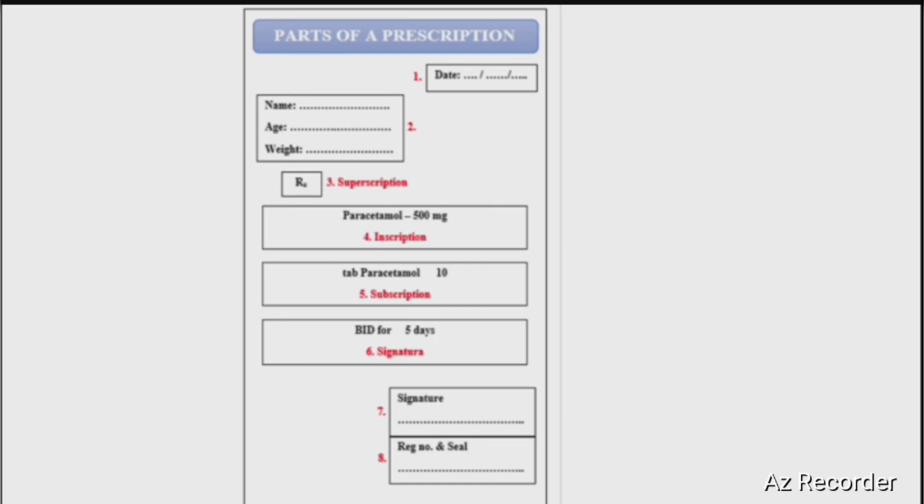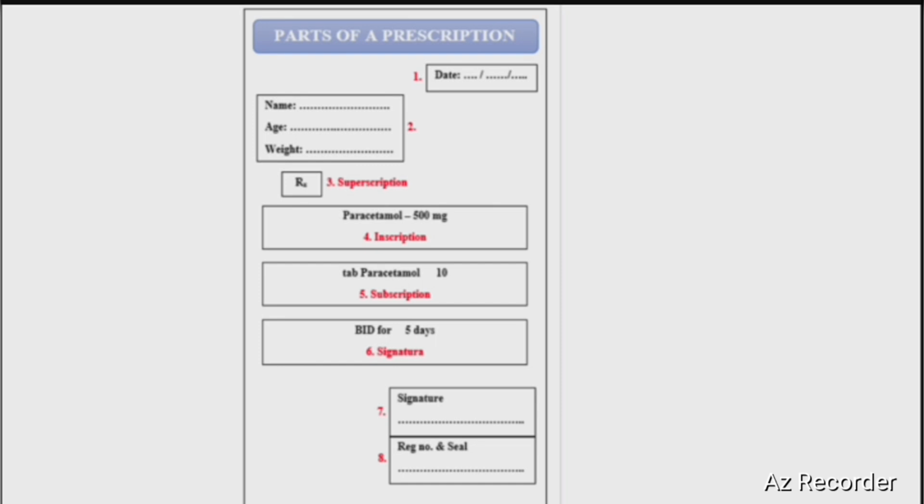Fifth, subscription. Sixth is the signatura, also called transcription. Seventh is the signature of the physician, and eighth is the register number and seal of the physician. Lastly, there is one part called refill instructions, meaning whether the prescription should be refilled or not. That is your refill information.